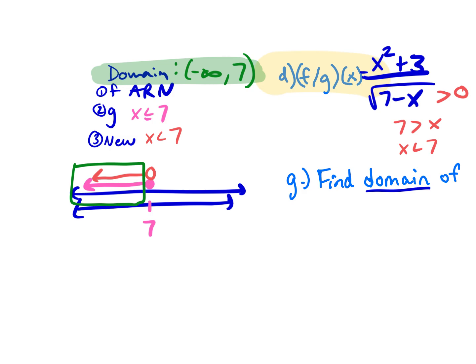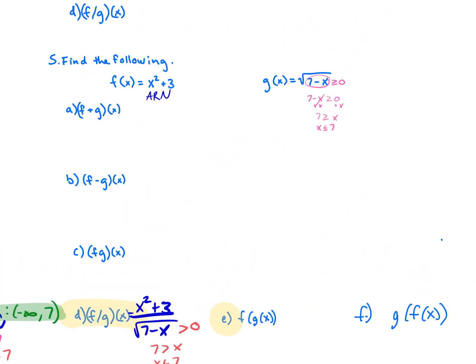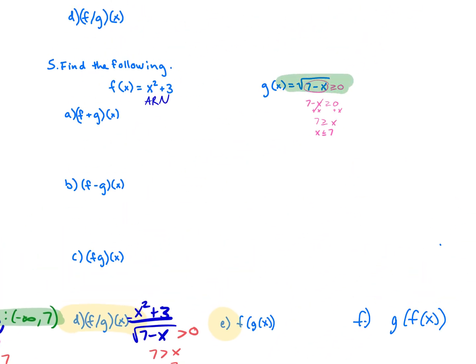The g up here in g, I just wrote it up top since we have more space up there. But since it was just a square root, we just set whatever's under the square root greater than or equal to 0. But if it's in the denominator of a fraction, it can't be equal to 0.